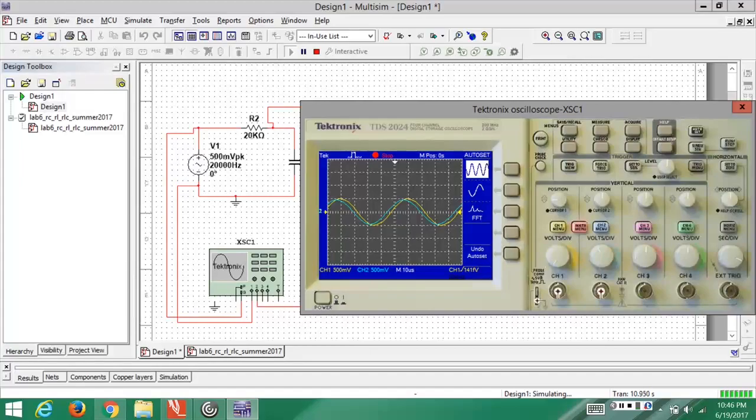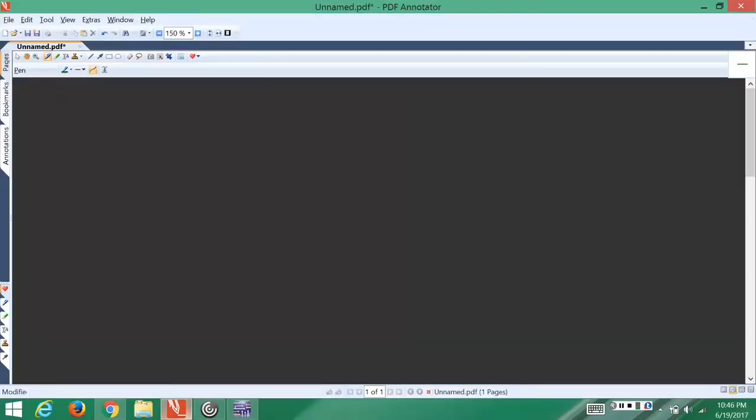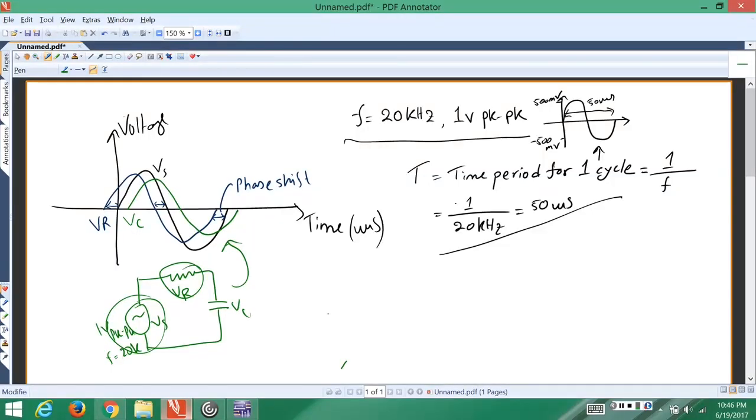So to do that, first let's look at the circuit, and I mean the waveforms, and see how that calculation goes. As I said before, we had an AC signal come in, which was 1 volt peak to peak, with a frequency of 20 kilohertz. So the time period for one cycle of the waveform would be 50 microseconds.